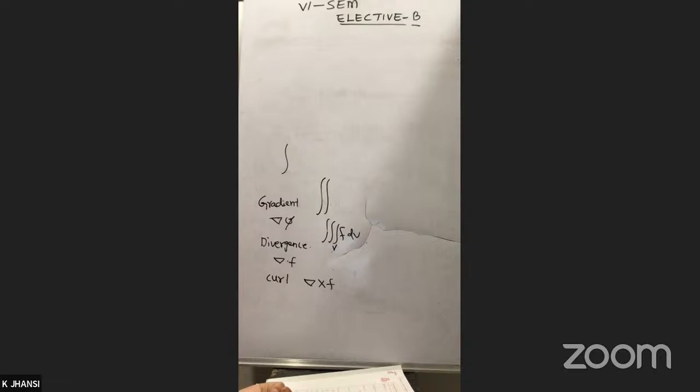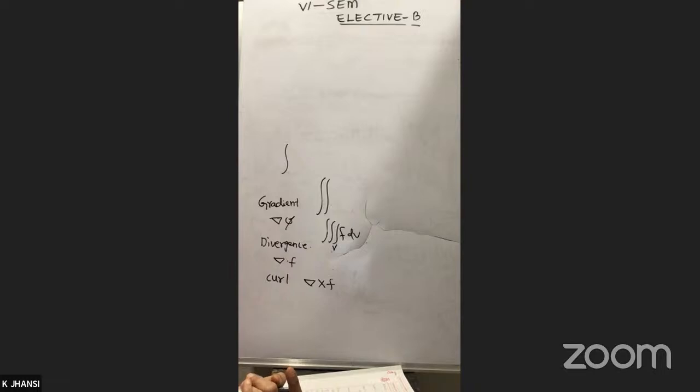Any function f will be given, and with its help you have to prove Stokes' theorem. That means, if the right hand side and left hand side of the statement give the same value, then we can say the theorem is proved. You have the chance of getting this for a 20 marks question.